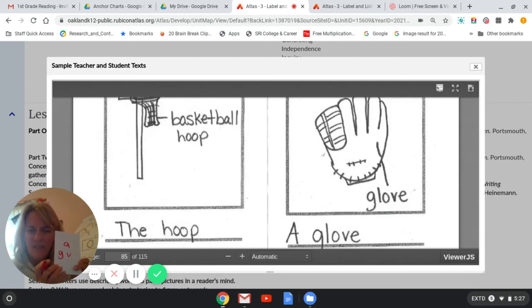Boys and girls, did I get all the sounds in glove? No, I only got 2 sounds in glove. So, boys and girls, I have to go back again and take the word and sound it out. And every time my lips make a new sound and they change, I'm going to write down a letter that matches that sound. So let me try it again and see if I can get more sounds. I want to say g, g, g, oh, oh, oh, that's an L. G, oh, oh.